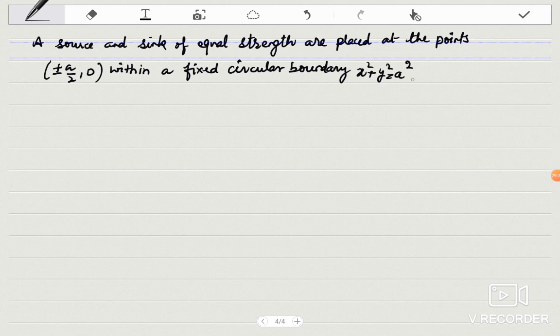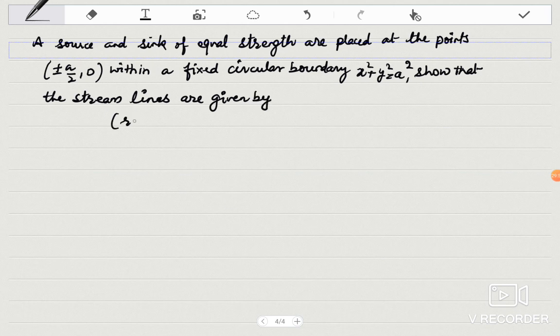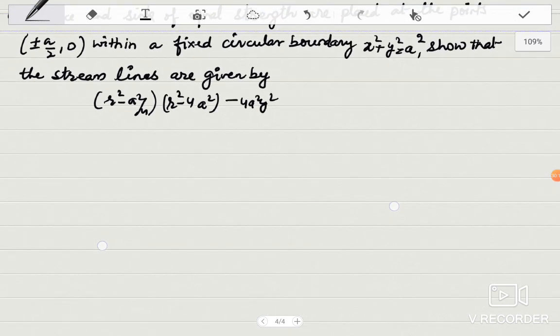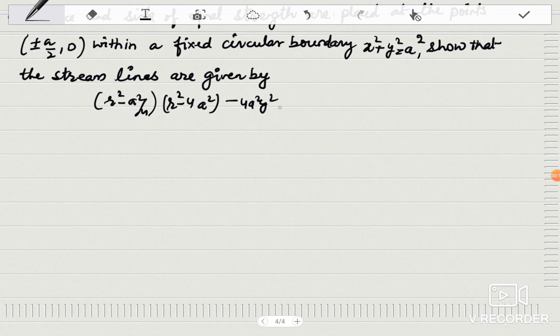Show that the streamlines are given by r square minus a square upon 4 r square minus 4a square y square is equal to ay r square minus a square.